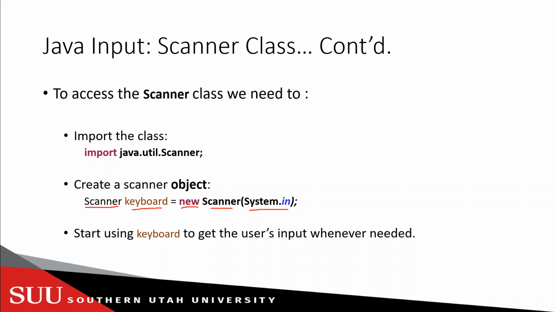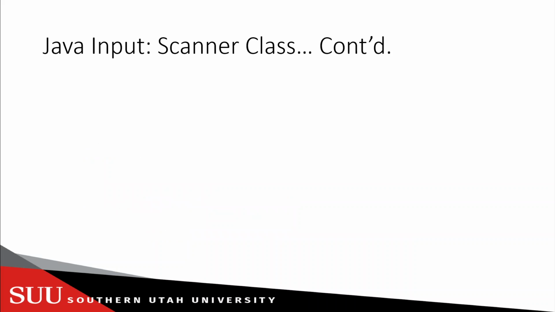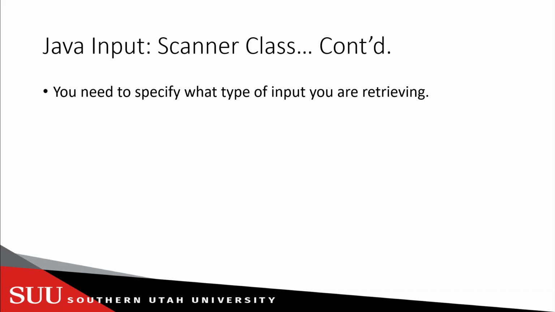Then I will start using the keyboard or the scn, whatever name you named your object, to get the user's input wherever we need it. We create this object once in our application, and we can use it throughout the application multiple times. Now you need to specify what type of input you are retrieving.